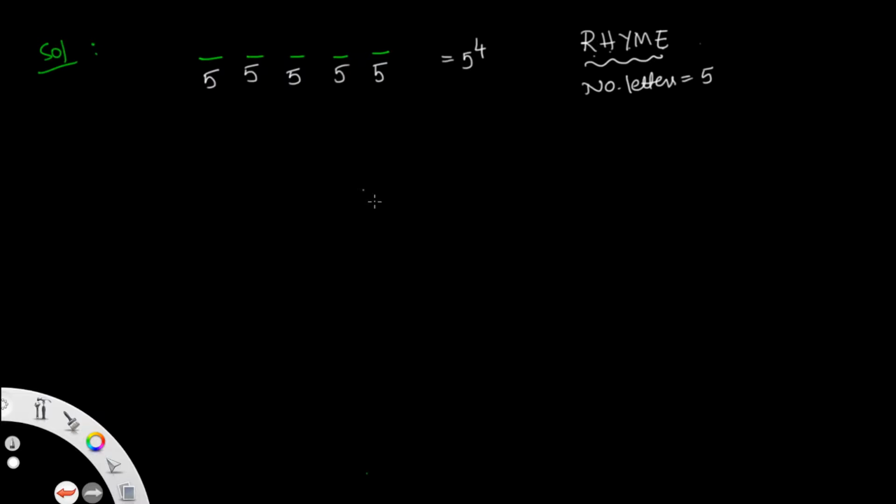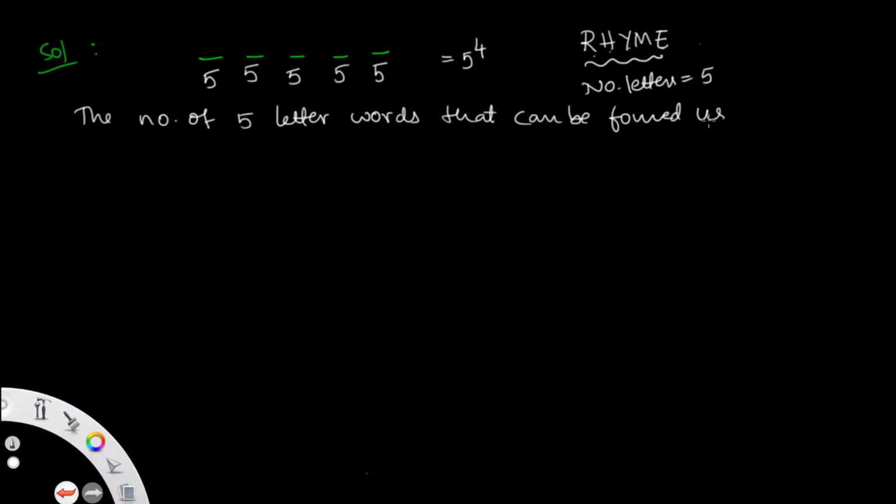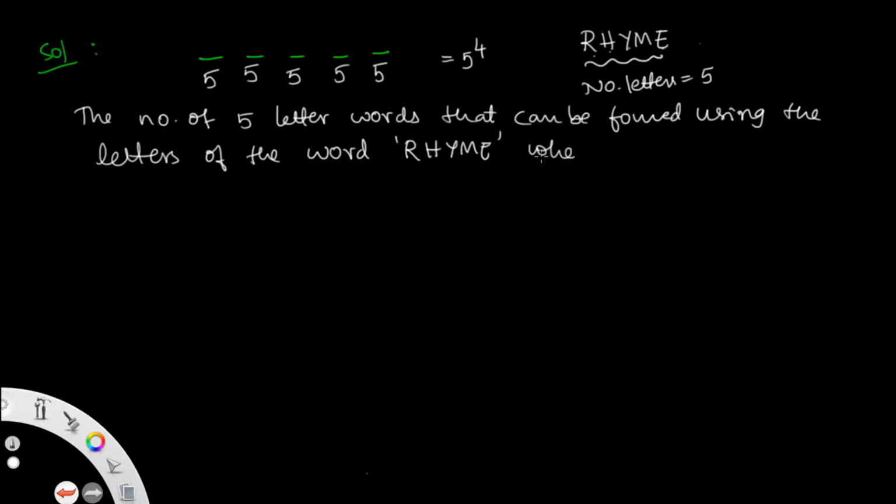So the number of letters is 5, and we have to write the number of 5-letter words that can be formed using the letters of the word RHYME when repetition is allowed.